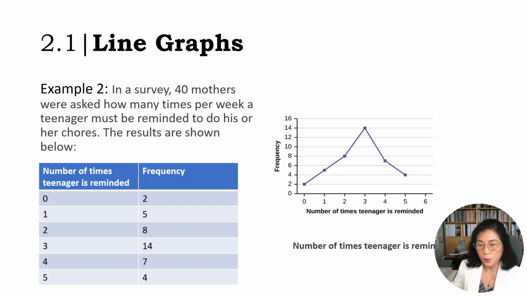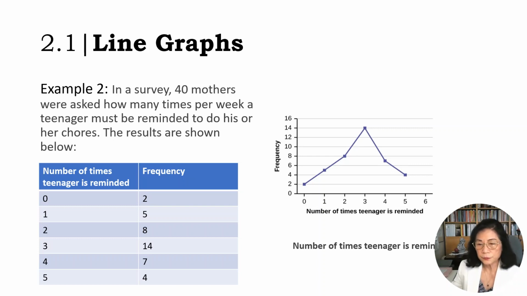So come to the horizontal line here, look at x equals 0, go up, matching with y equals 2. Put the dot. The second pair, x equals 1, y equals 5. Put the dot.